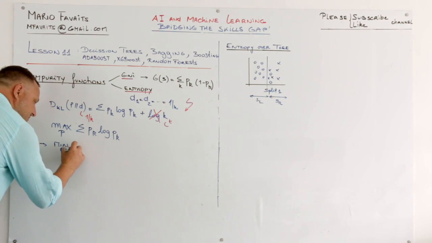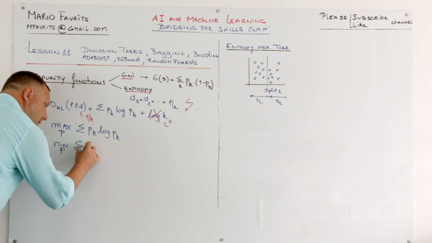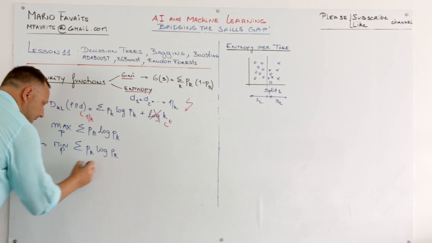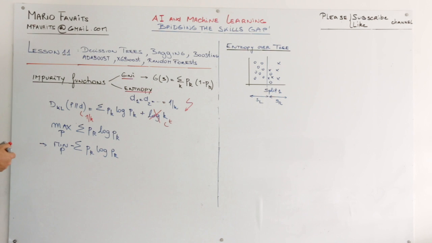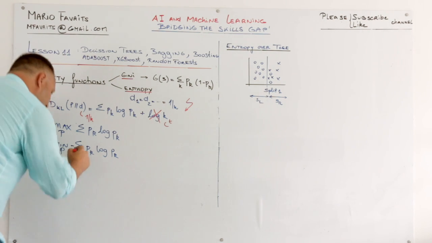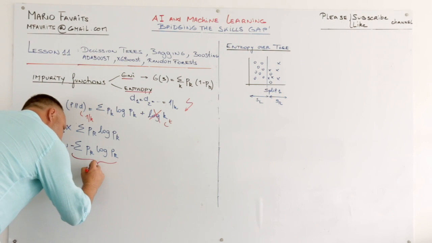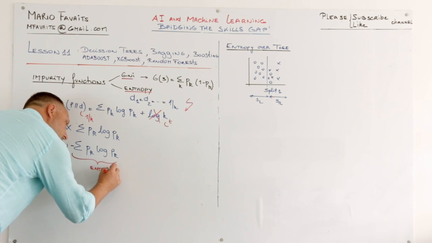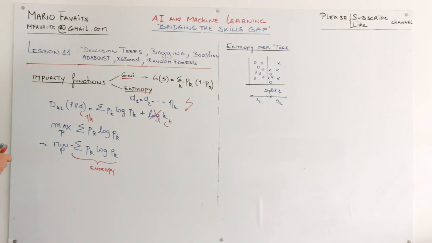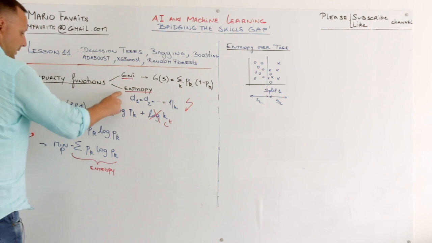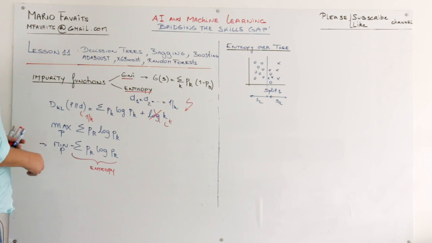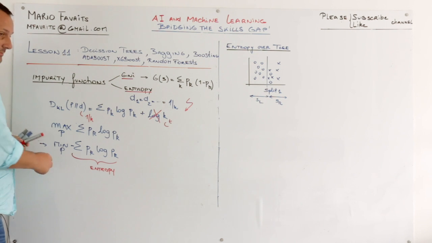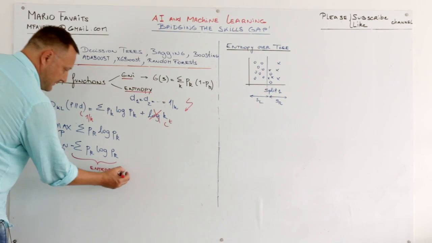We're going to minimize over p the sum of pk log pk, and we put a minus here. And if we look at this formula here, we have the entropy. So what we want to do is we want our leaves of our tree to be as pure as possible, so we're going to minimize entropy.